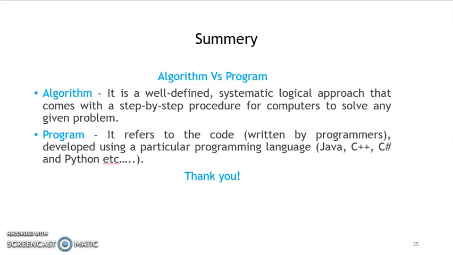Programs are instructions. Algorithms are the solutions, but programs are code written using any programming language like Java, C++, C Sharp, Python, and C. So this is the difference between algorithm and program.